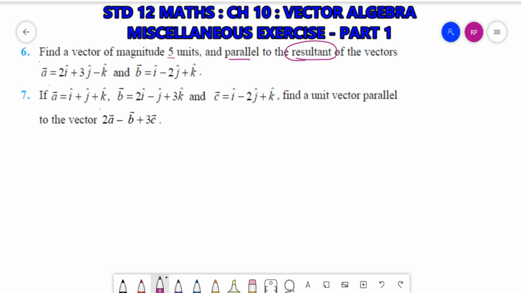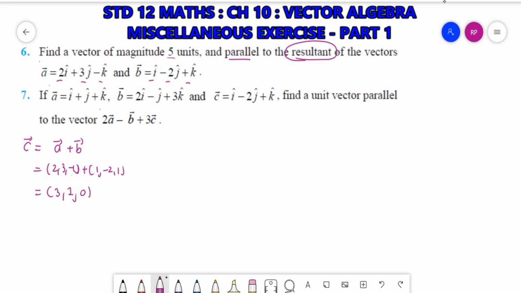Resultant vector of A and B means A plus B. So let's say vector C will be the resultant vector A plus B. So it's 2, 3, minus 1 plus 1, minus 2, 1. Okay, so this will be equal to 2 plus 1, 3, 3 minus 2 that is 1, minus 1 plus 1 that is 0.